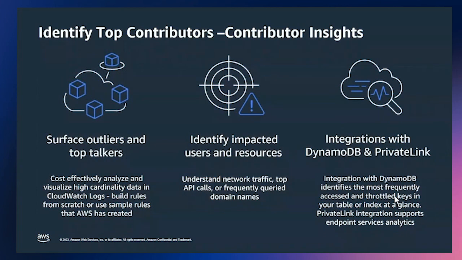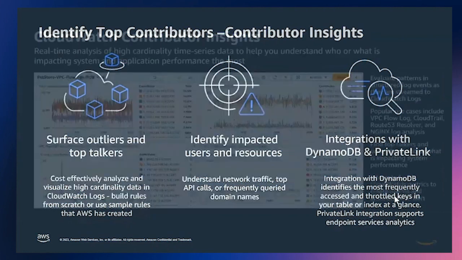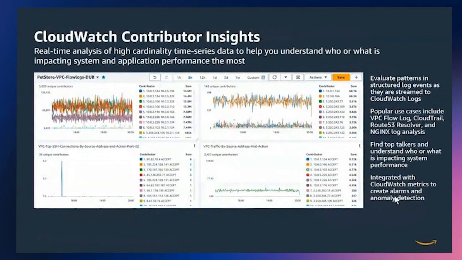Using contributor insights, you can identify which resources get the most network traffic or what are the top API calls so you can optimize them. Contributor Insights has out-of-the-box integration with DynamoDB, so you can use it to analyze most frequently accessed and throttled keys in your table and use it to optimize them.